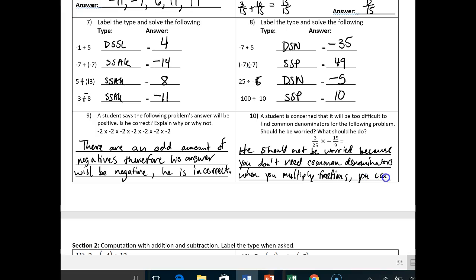You can just cross cancel and then multiply straight across, right?